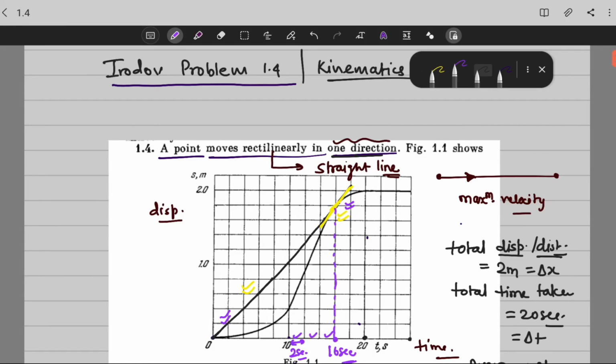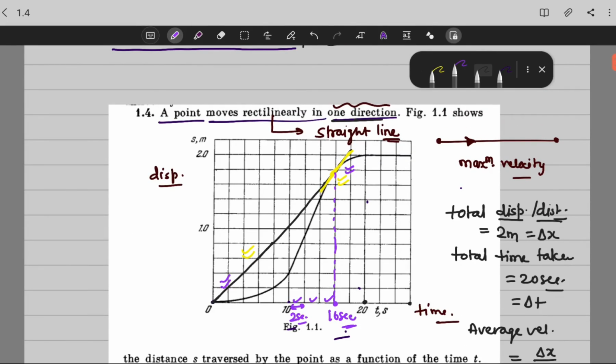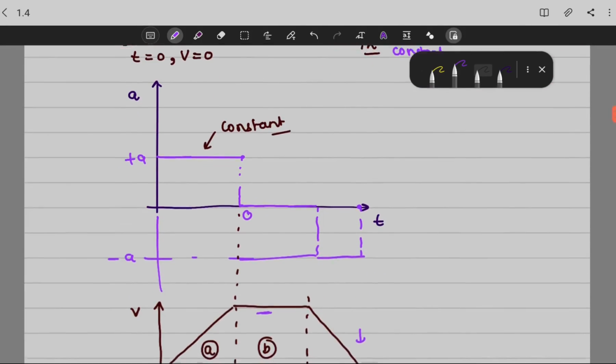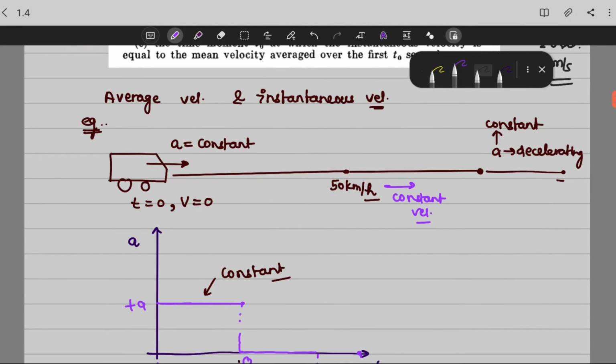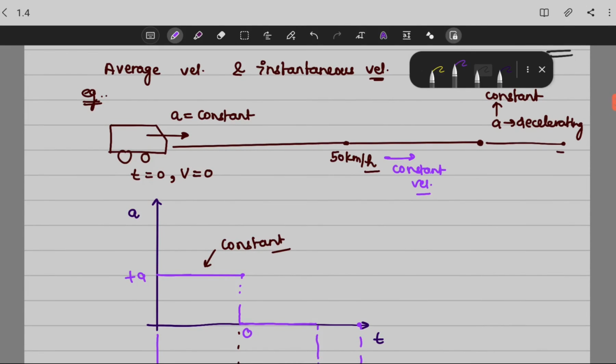So let us summarize what I have done till now. Basically the graph was given between the distance or displacement versus time, and because it is moving in a single direction, the displacement and distance will be the same. Then it was asking to find the average velocity. We took one example in which the acceleration was constant initially, then the acceleration was 0 here because of the constant velocity, and then it was decelerating.